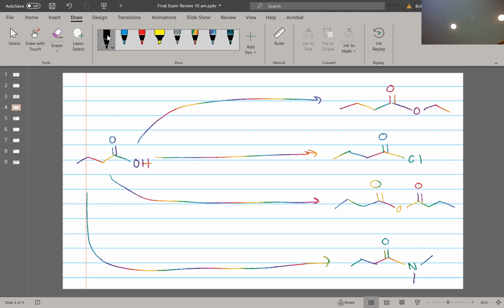There's a named reaction that makes esters from carboxylic acids. Is it the Fischer esterification? Yeah. What are the reagents for that?